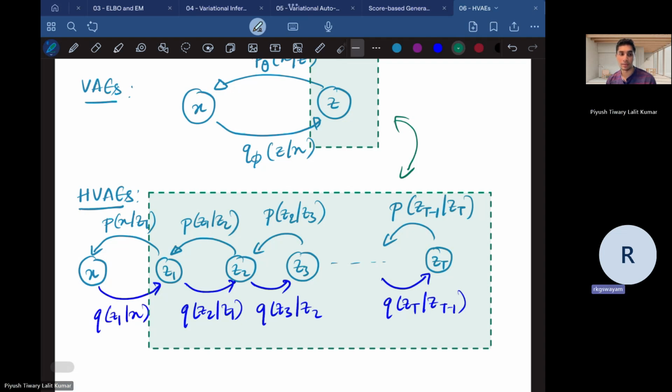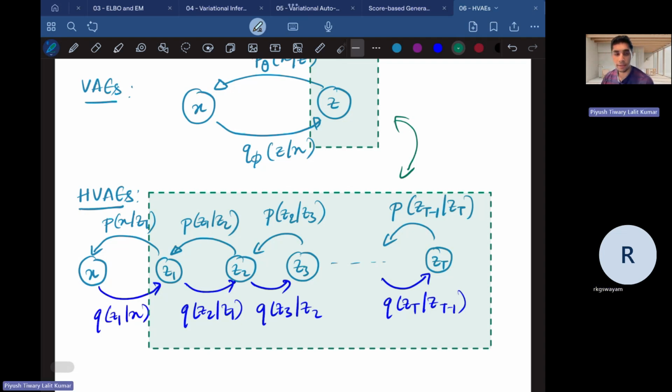Even in the Markovian case, we can go two or three steps back, and then Z3 depends on Z2 as well as on Z1. My point is that even if this entire thing is Markovian, then instead of going just one step back, we can think of moving more than one step back and say Z2 and Z1.